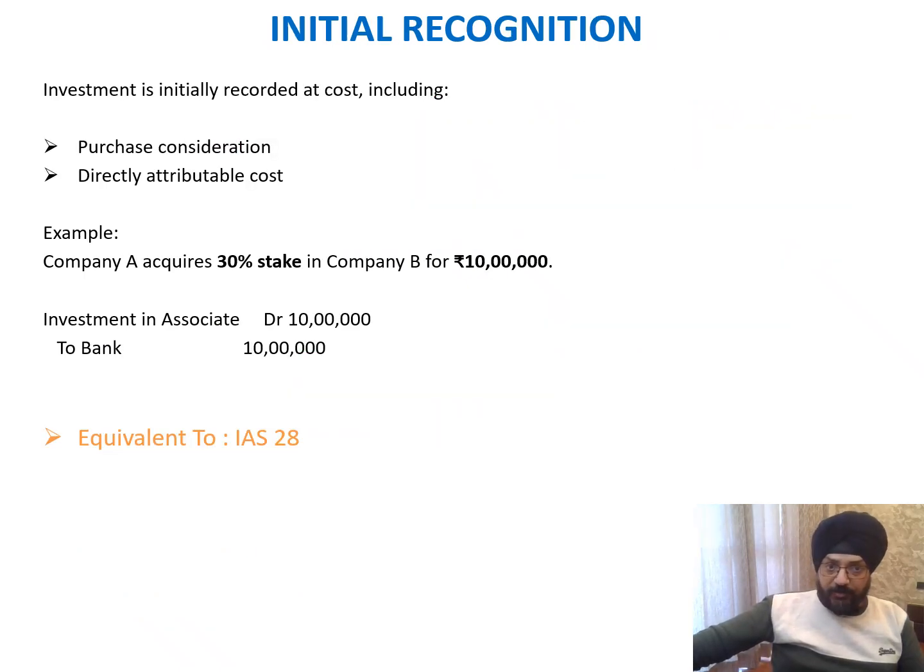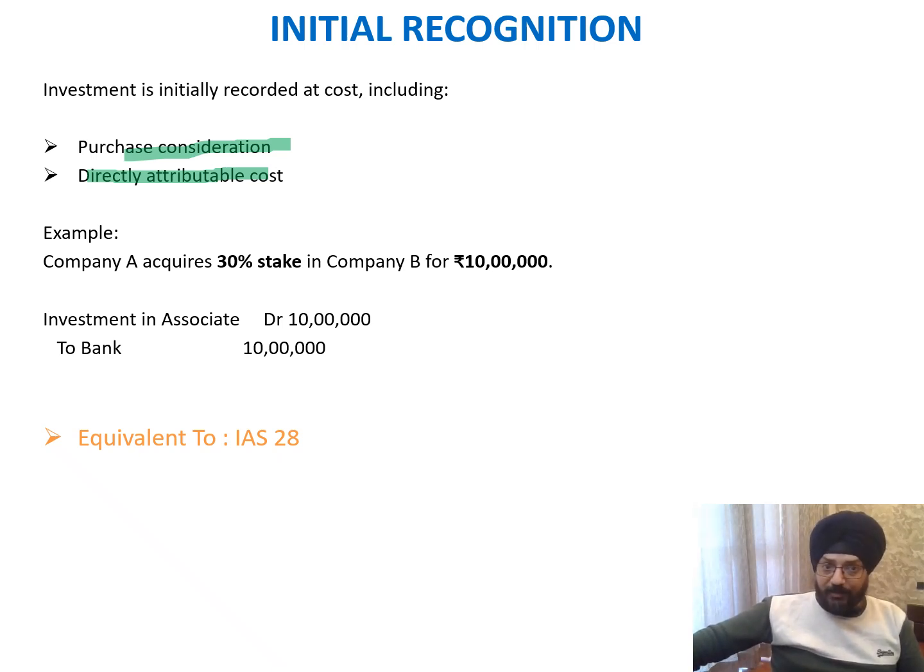Okay, so we talked about the concept of the equity method. Now we'll quickly look at how the initial recognition happens. In initial recognition, the investment is initially recorded at cost, including the purchase consideration and the directly attributable cost. This means the price at which the investment has been acquired by the investor is the price at which the accounting will happen. That is called the initial recognition.